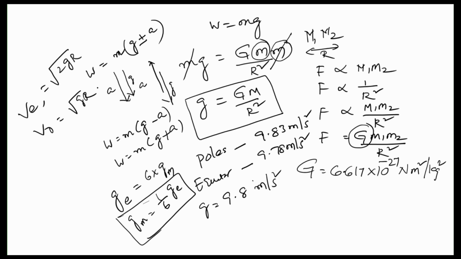The relation between escaping velocity and orbital velocity is VE = √2 times VO. This is a very, very important relation.